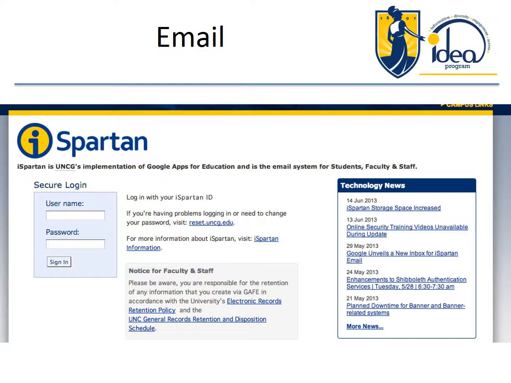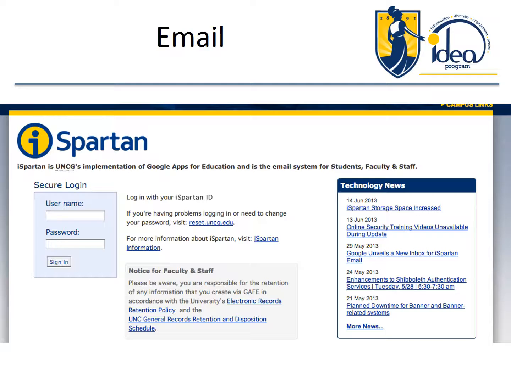The main thing to be aware of about UNCG email is it is the only approved way for faculty to contact you about problems with grades, about problems with other things, and it is the place where we send notices about what's happening in the department.